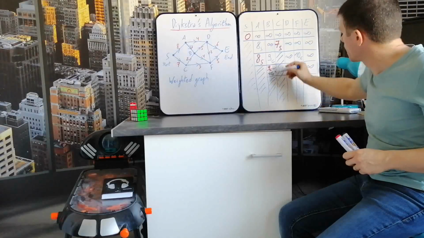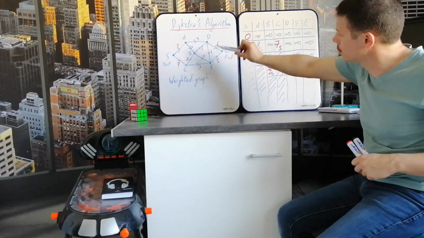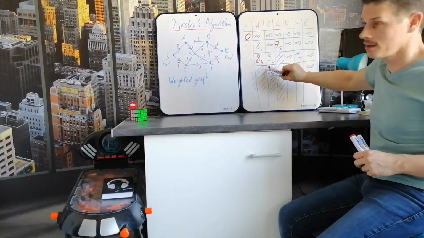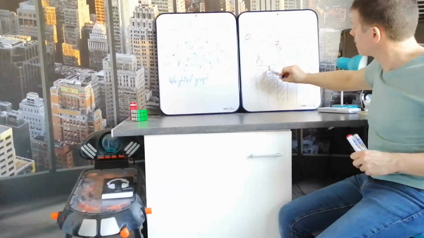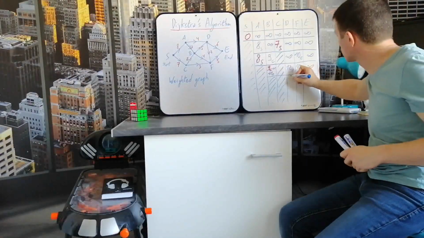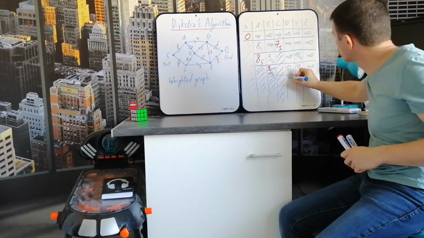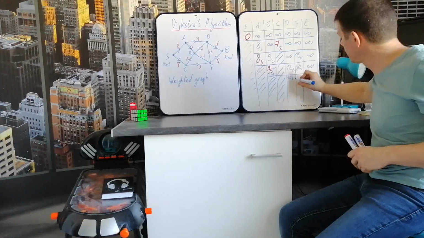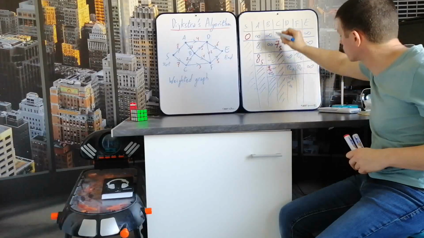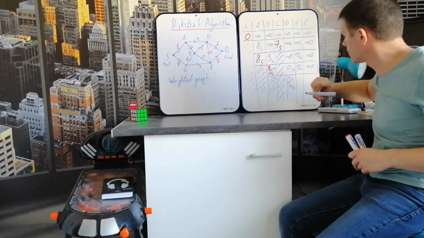So now I am at the B vertex, I want to go to D. The distance is 5. So if I have 9 plus 5, the total distance will be 14. So for D, I have 12A or 14 coming from B, 14B.